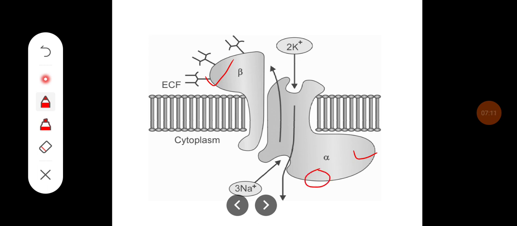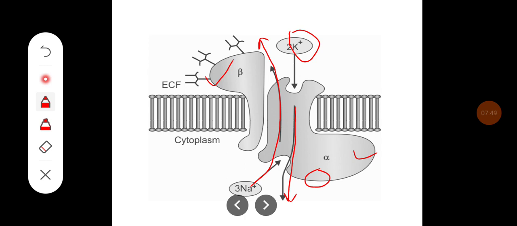When 3 sodium ions and ATP bind, there is a transfer of energy which causes configurational changes in the alpha protein, which moves the sodium out of the cell. Then 2 potassium ions bind from outside the cell, causing dephosphorylation, which leads to configurational changes in the alpha subunit again, helping the movement of 2 potassium ions inside the cell.